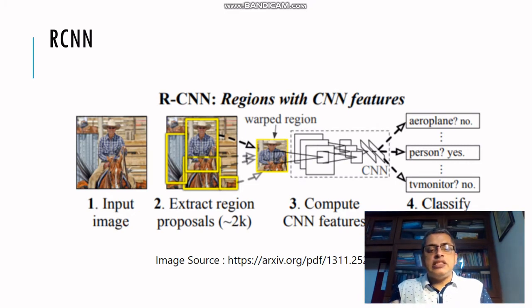And once these regions of proposals are extracted, then the features are extracted from these regions. So regions of proposals, as I said earlier, are only potential places where there is a likelihood of finding an object. From these regions of proposals, you extract features using a pre-trained CNN architecture. It could be an ImageNet or any of those CNN architectures. You do transfer learning and then extract features.